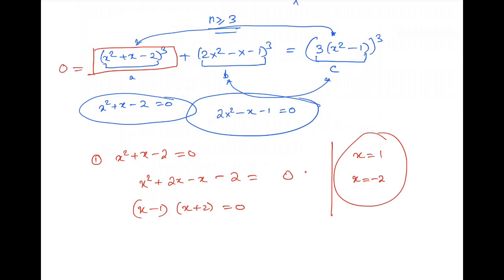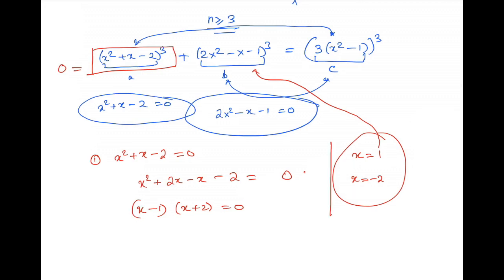The only way they will work as a solution is if we plug in 1 or minus 2 into these two pieces and we get the same value. I plug in 1 into 2x square minus x minus 1, let's do that. 2 times 1 square minus 1 minus 1, which immediately gives me 0.